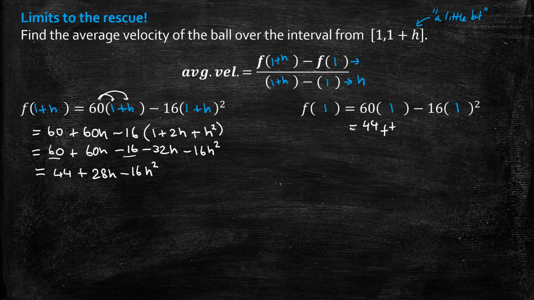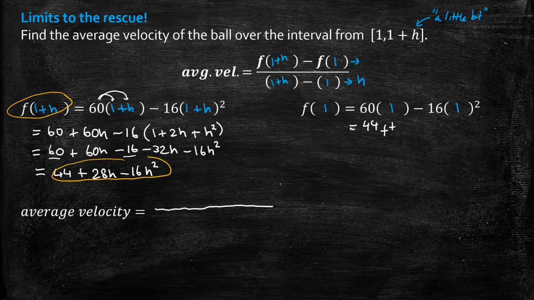We now have everything we need to put together the average velocity formula. We have to do f of 1 plus h first, and f of 1 plus h is this, so let's put that in: 44 plus 28h minus 16h squared.